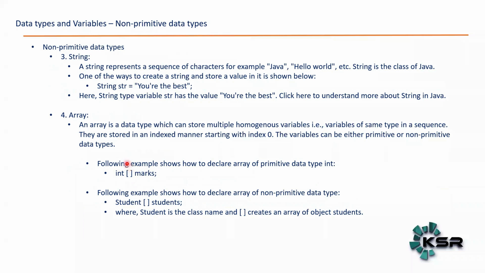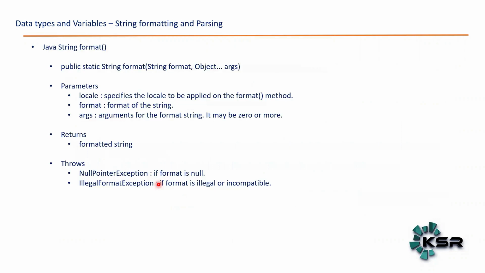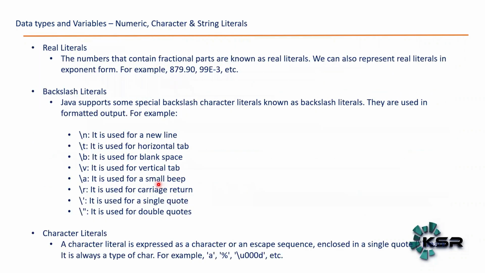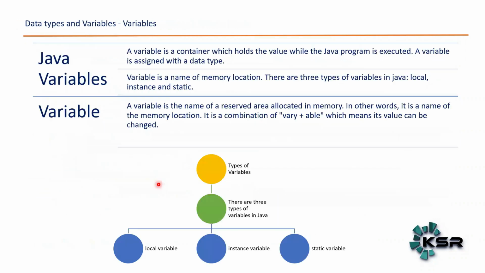Can I store Sophia's marks only, or Sophia's name? Without knowing, I am adding 10, 20, 30, 40, and then adding Sophia also. What will happen? There will be an error. While you have integer values, how can you add a string value? That is an issue. So that way we use generics and typecasting and all. Don't get confused. I will tell you with a real-time example when we get into it.